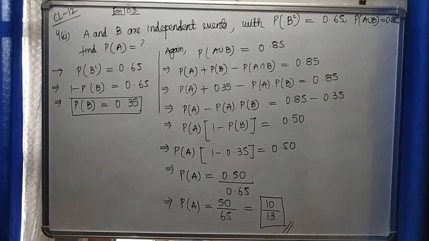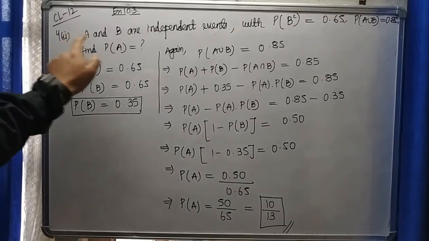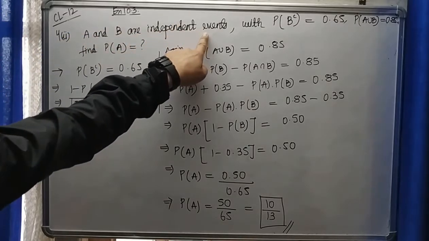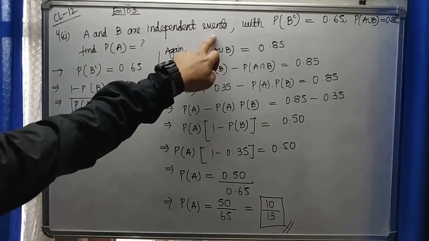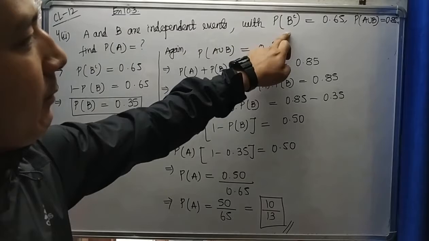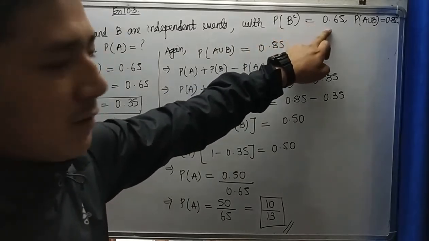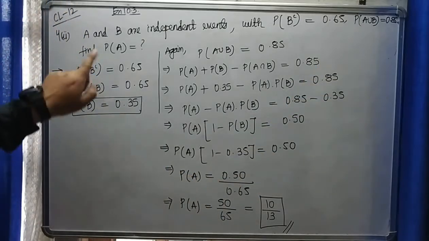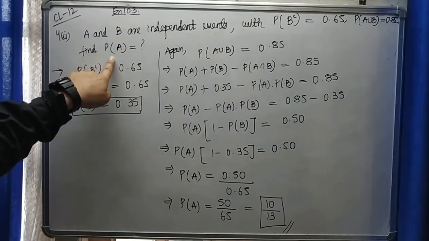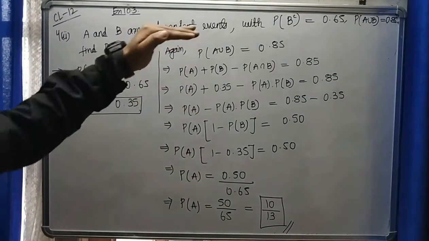Alright, let's proceed with question number 4 part 2. Given to us, A and B are independent events with probability of B complement 0.65 and probability of A union B 0.85. We need to find the value for probability of A. Step by step I'm going to explain you.